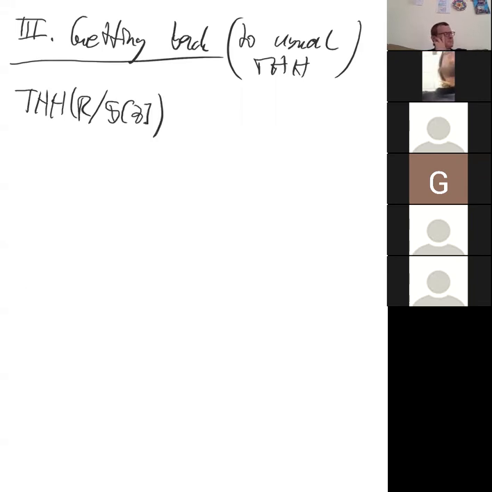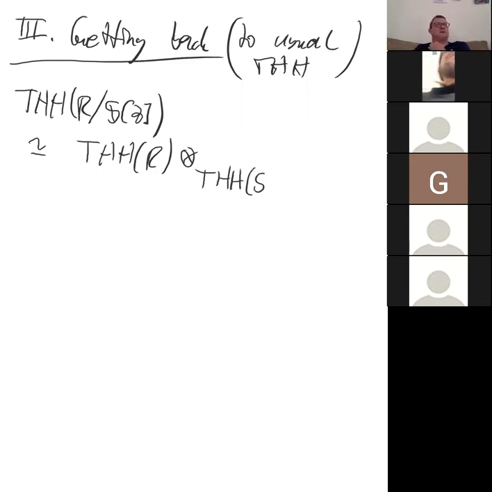So you can describe this relative THH by taking the absolute THH, since R received a ring map from the ring spectrum S adjoint Z, this THH of R is an algebra over THH of S adjoint Z.